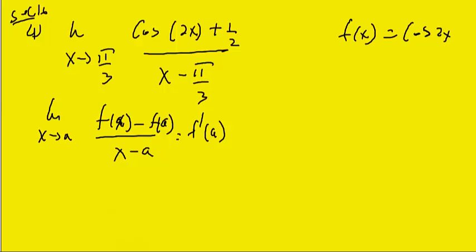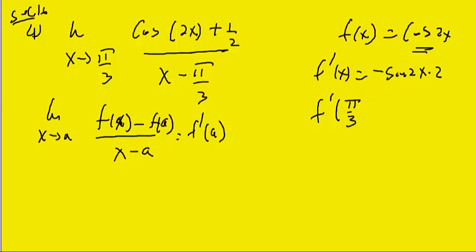So we know that's the function. What's the derivative of that function? Negative sine 2x times 2, and we need to evaluate that at what value? Pi over 3 is correct. So it'll be negative sine of 2 pi over 3 times 2.